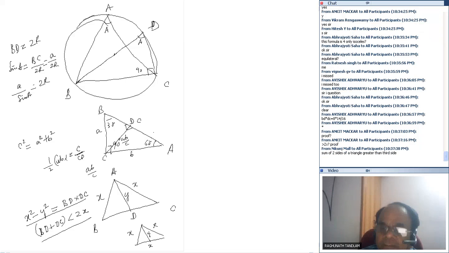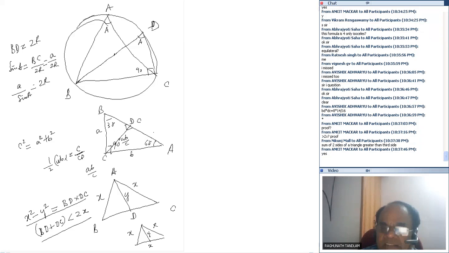The sum of two sides must be greater than the third side. Remember, Ankit, the sum of two sides must be greater than the third side. x plus x should be greater than BC, or not. That's all.